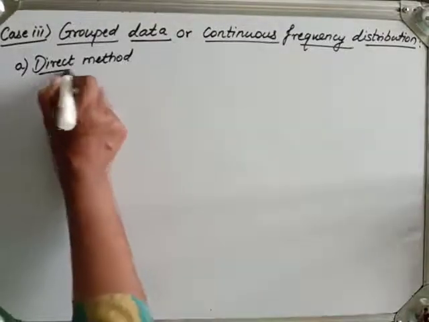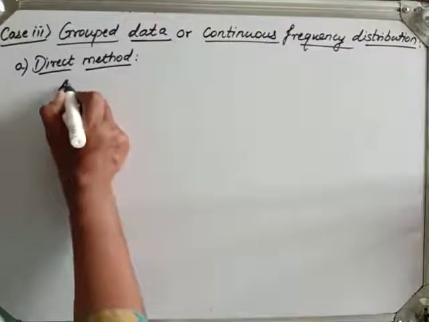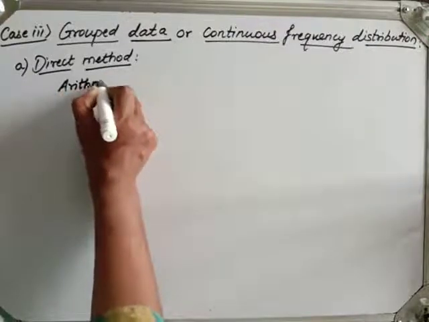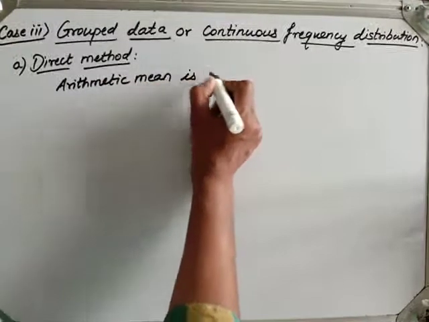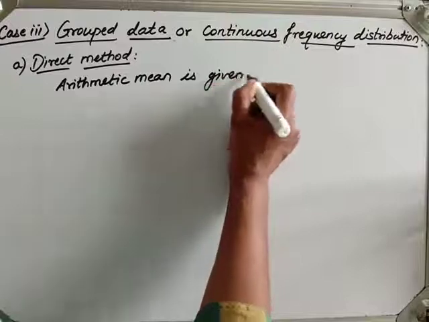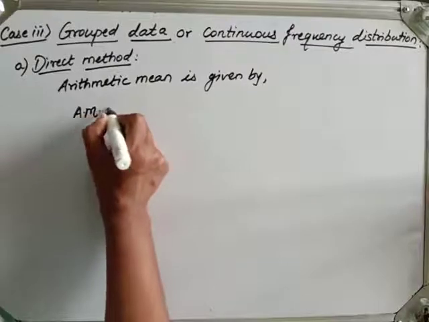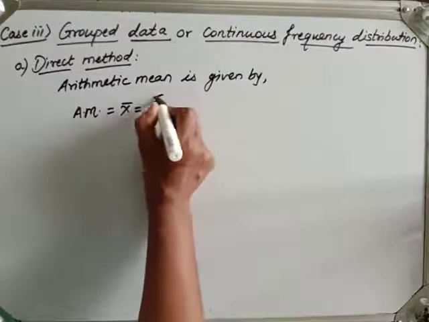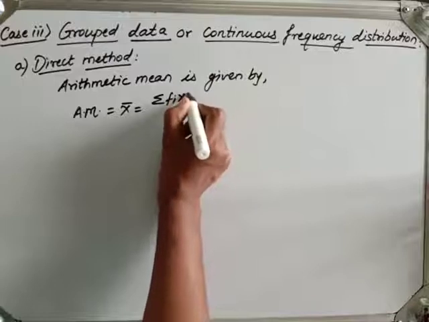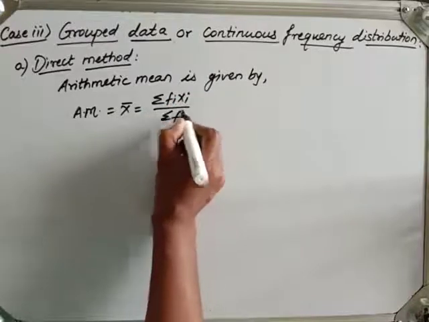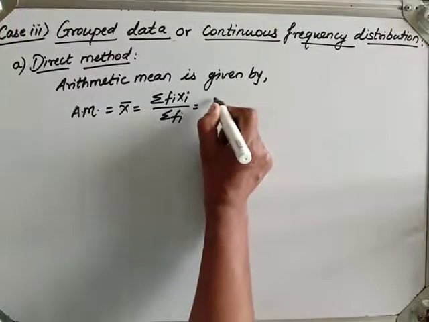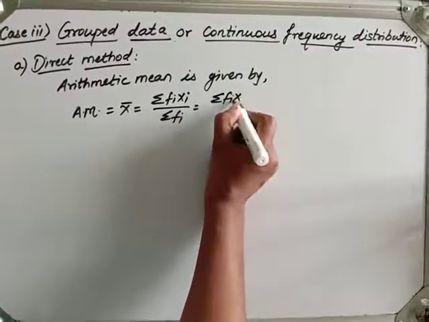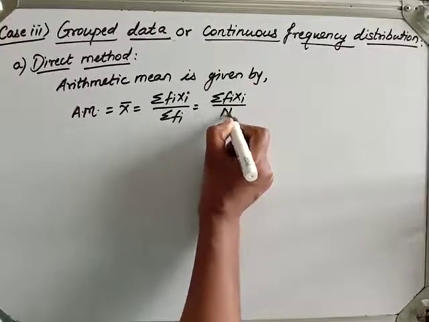So for the direct method, the formula is: arithmetic mean, x bar, is equal to summation fi xi upon summation fi, just like a discrete frequency distribution, where summation fi is the same as n.